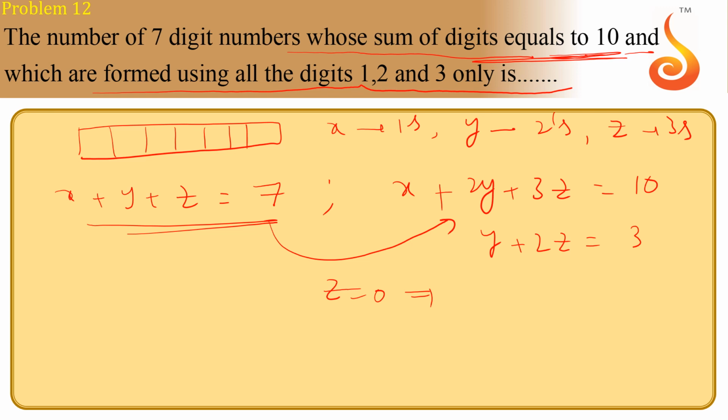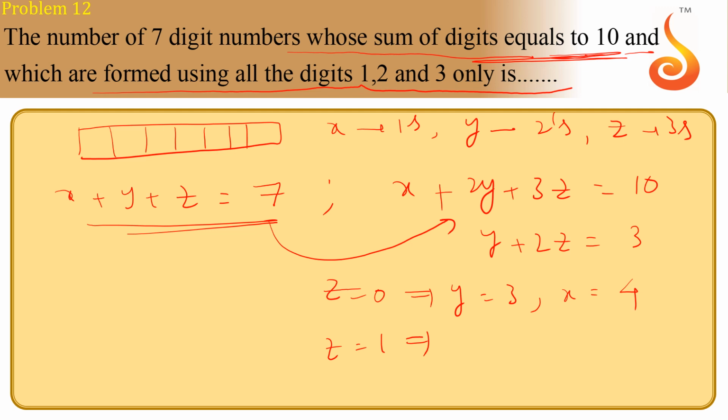So y equal to 3, z equal to 0 means what will be the x value? So x value will be 4. Is it correct or not? x value will be 4. Now if z equal to 1, y will be 3 minus 2, which is 1.